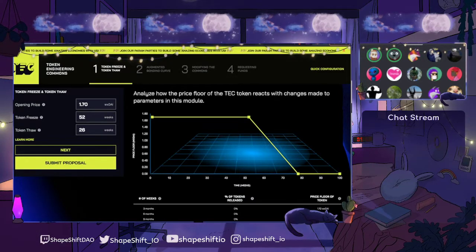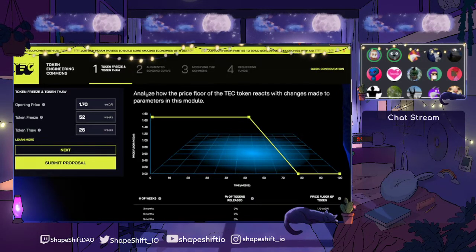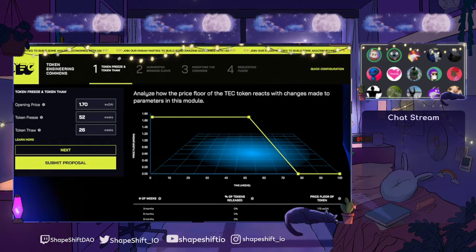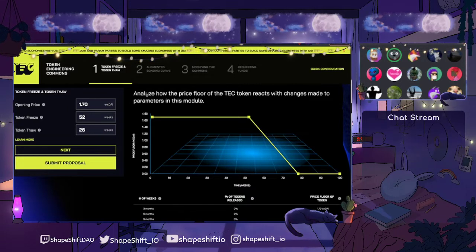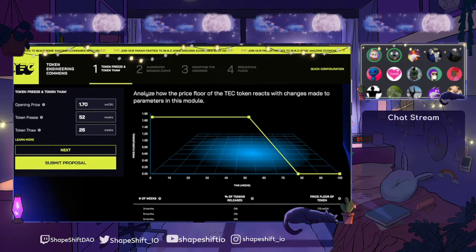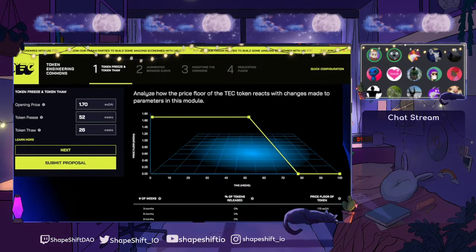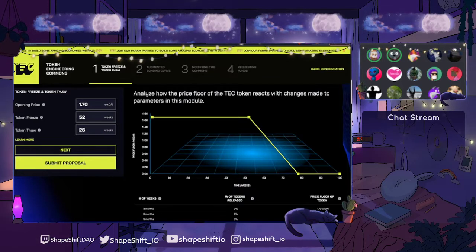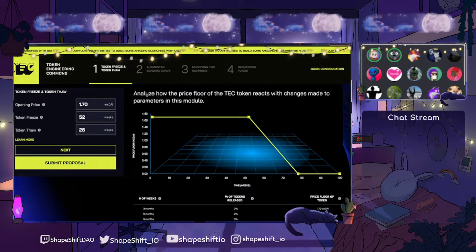I think that this is going to bring more value to the token engineering commons, and the ultimate goal is to make it attractive for people to participate, because every interaction with the augmented bonding curve is going to generate an income for our funding pool.